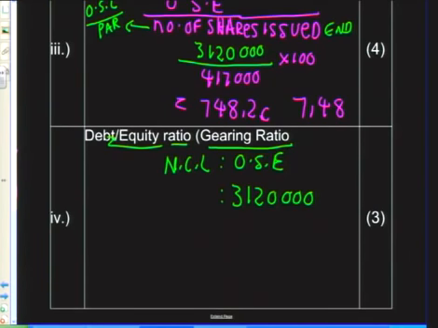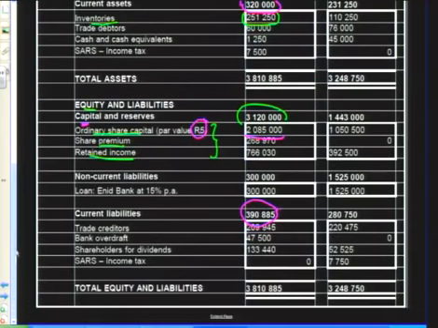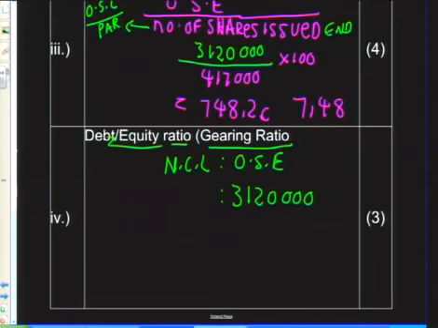Your non-current liabilities. Let's go to that balance sheet and find our non-current liabilities. There we go. There's our non-current liabilities, and it's sitting at 300,000. So not bad if I compare that to our equity, but let's do the ratio itself, 300,000.